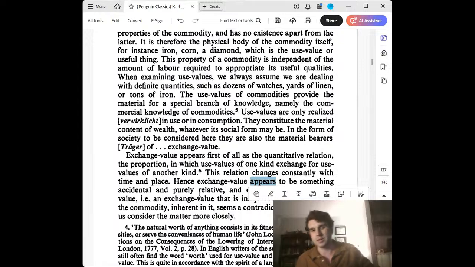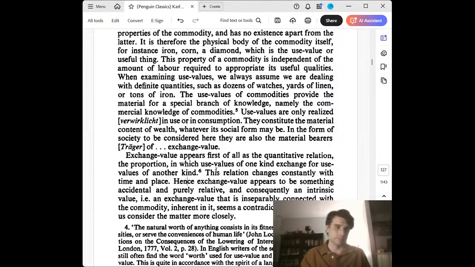Now, this word appearance is very important here, because here the word is not appearance as erscheint, it's schein, meaning seems to be, meaning an illusionary appearance. So he's saying, because things change in their value at different times and in different places, it seems what things are worth is made up.